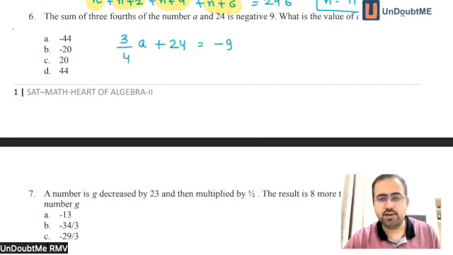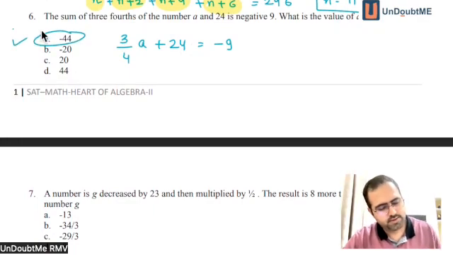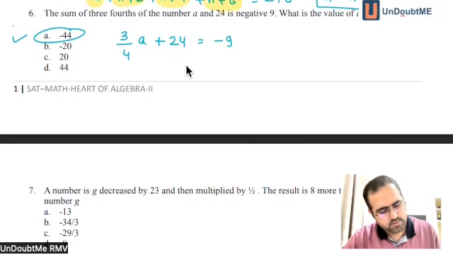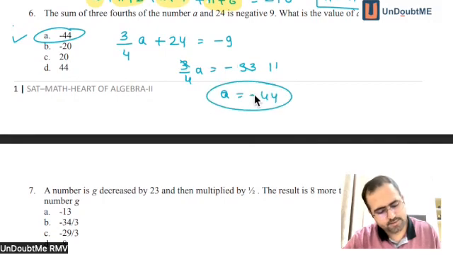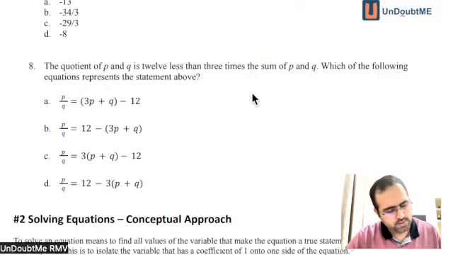So what is the value of a? -44. Minus 44 is correct. So that will be 3 by 4a is equal to -9 minus 24, which is -33. Both of them are divisible by 3, so I'll just do it and then a will be -44. Okay.